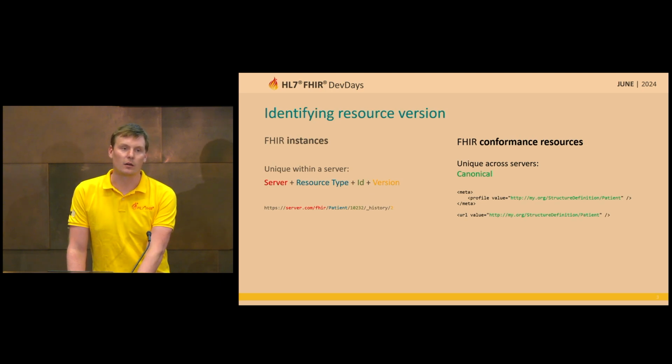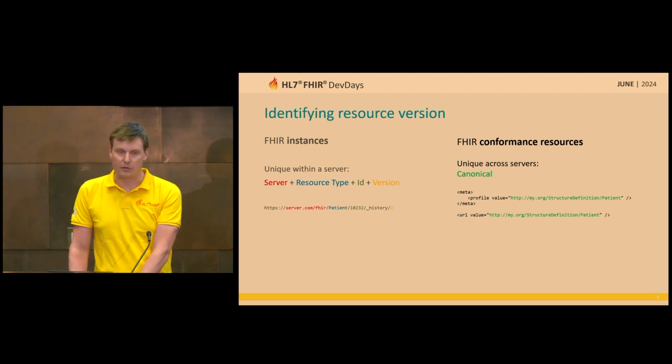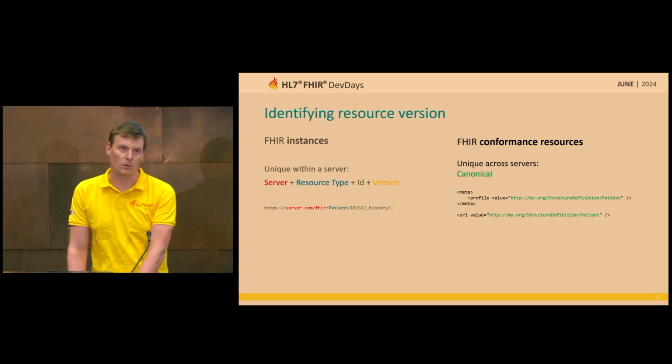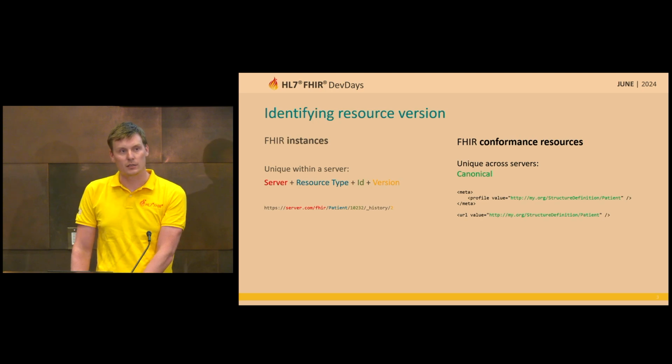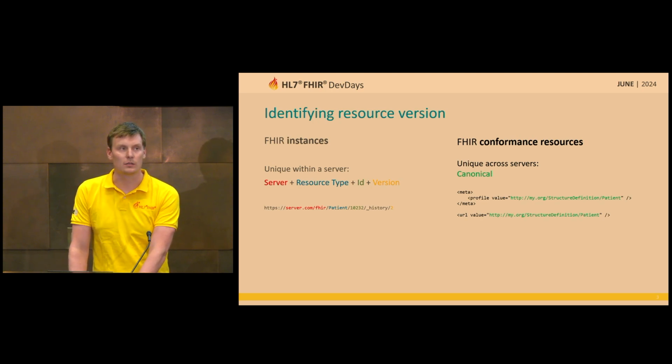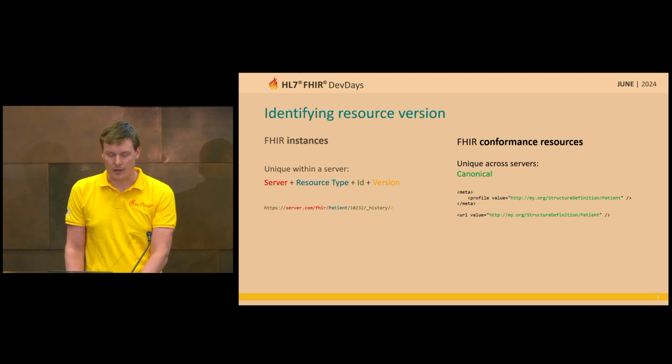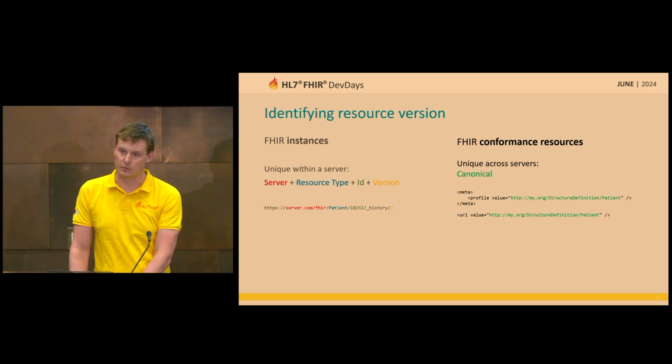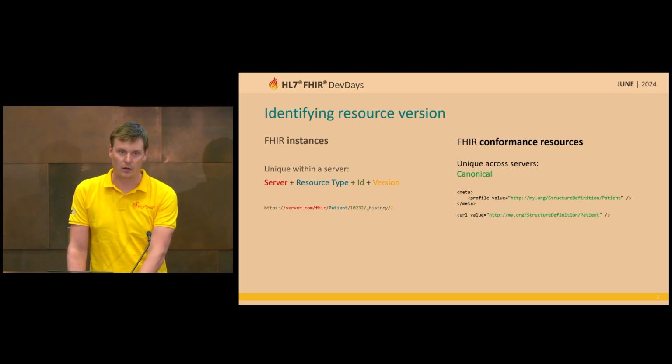This works pretty well for identifying resources on your server, referencing other resources on the server or outside of your server. But it wouldn't actually work for something we need to be globally unique, like structure definitions or rules about how to define other FHIR resources.